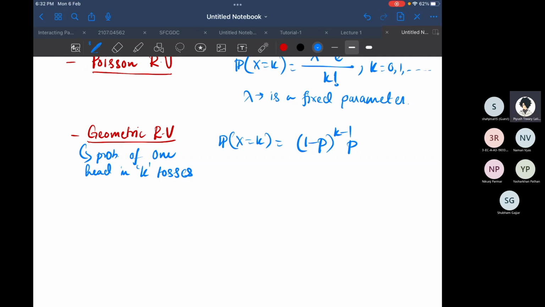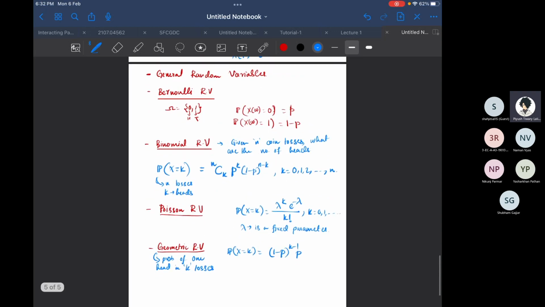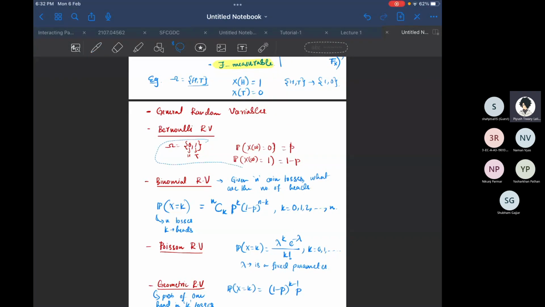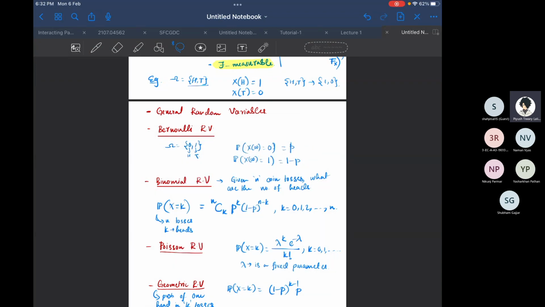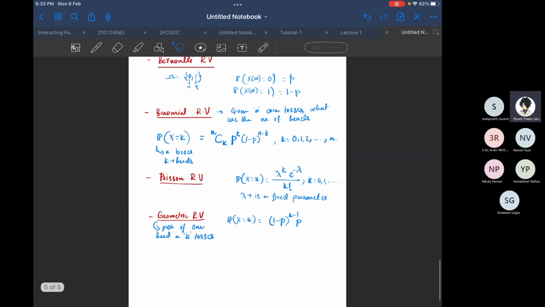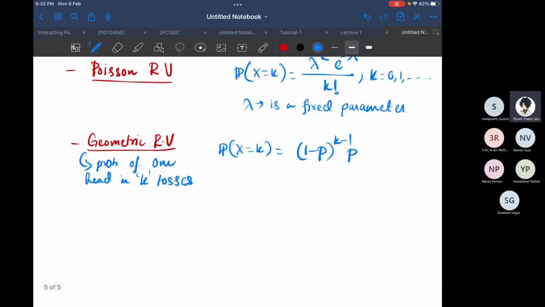So these are general random variables that you people usually talk about. You should just know them. When someone asks, do you know the Bernoulli random variable, you should know that it's just a coin toss he's talking about. And similarly for the other random variables. But it's not a must-do thing. It's good practice to remember them.